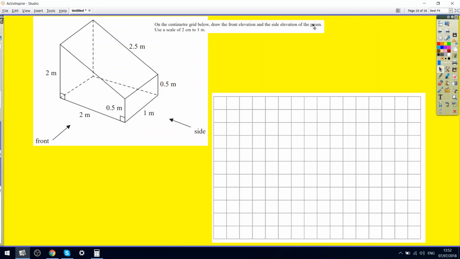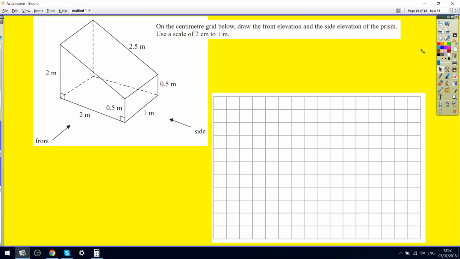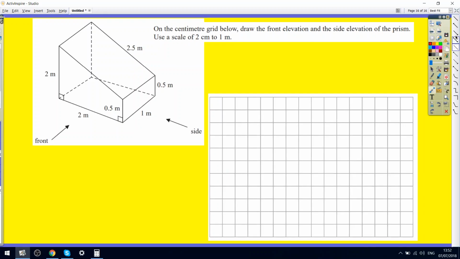So 4 centimeters at the bottom. So is that 4 squares? Yeah. Okay, so 1, 2, 3, 4. And then up 4 on the left.